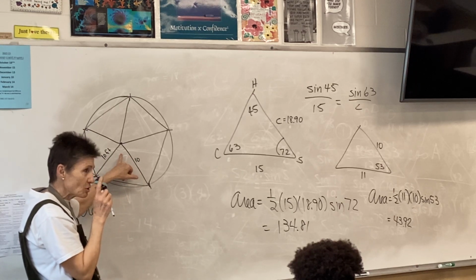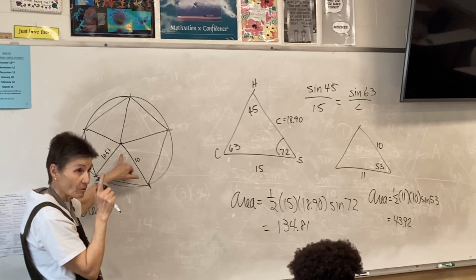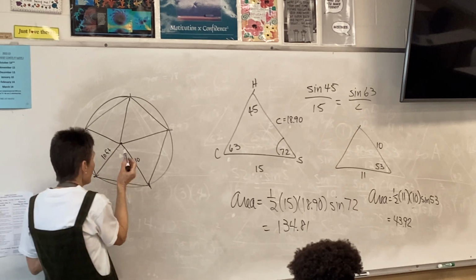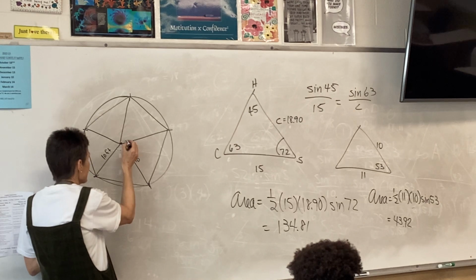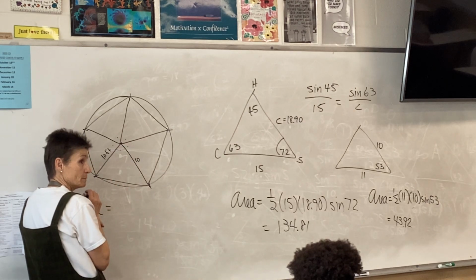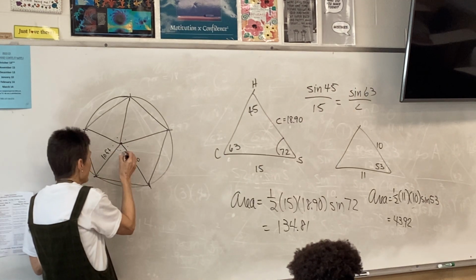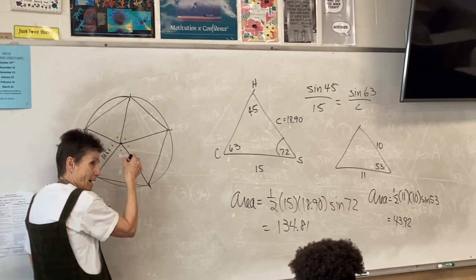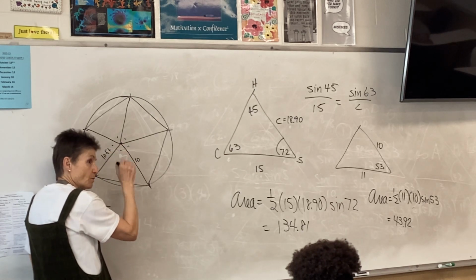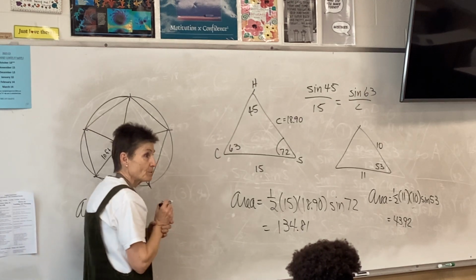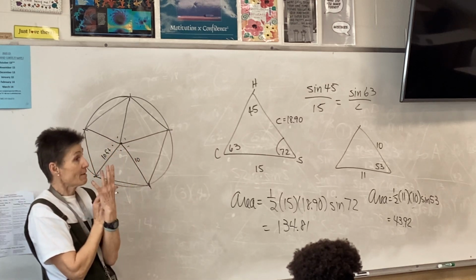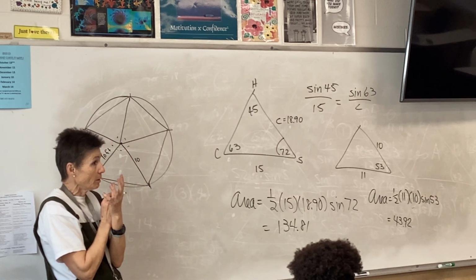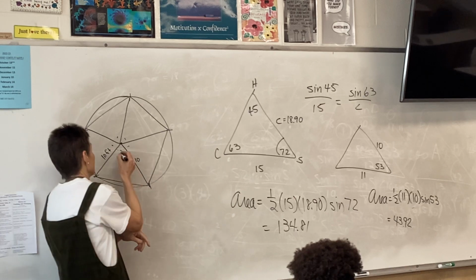Well, actually, I think I do. I can figure it out. Because what's the relationship between this, and this? Aren't they all equal? Aren't I going around a circle? So they're gonna add up to 360, and there's 5 of them, and they are equal. 72.